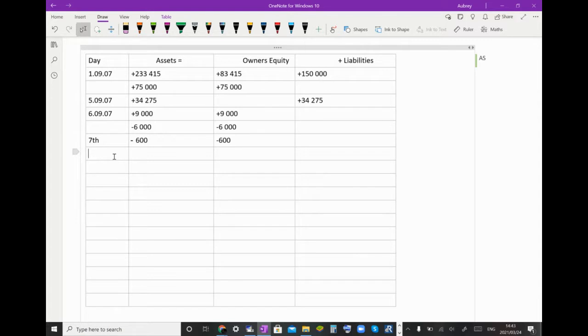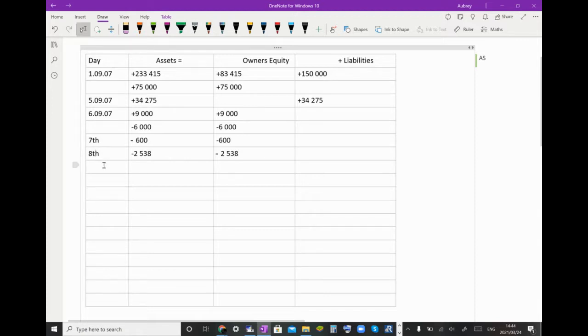So bank, we know, is an asset. It's decreasing our assets because it's going down. So what's the amount there? 2,538. Then we know repairs and maintenance is an expense, so it's also going to decrease our owner's equity by 2,538. This happened on the 8th.